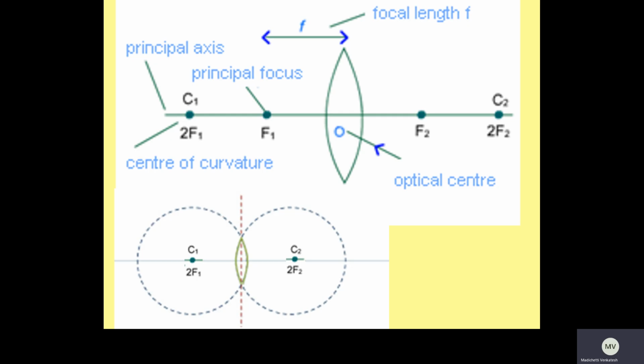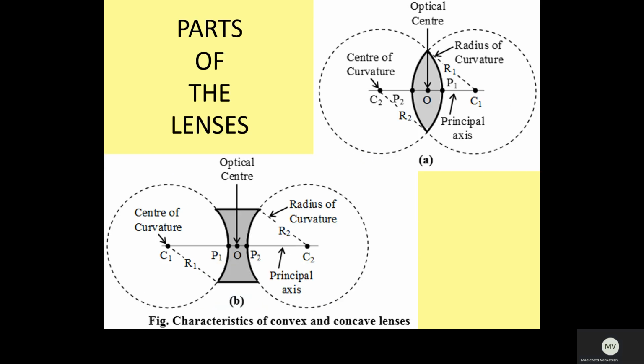So if we extend one side, we get C1, and for the other surface, we get C2. Then as we get C1, we get F1. Similarly, as we get C2, we get F2. And the line which is passing through all these common points is called the principal axis. And the distance from the optical center to F1 is the focal length, and that point is called the principal focus.